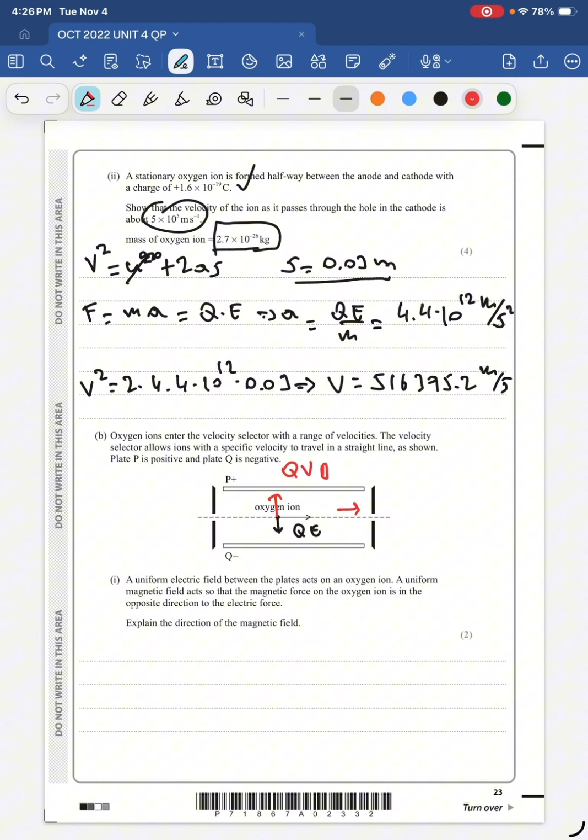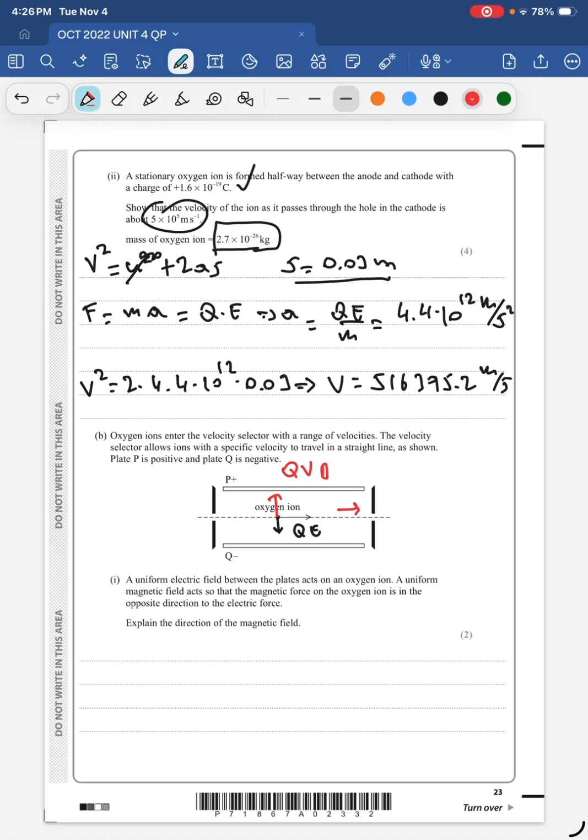My index finger should point in the direction of the magnetic field, my middle finger should point in the direction of the velocity, and then my thumb should point in the direction of the force. My middle finger points to the right, just like the velocity does. If I put my index finger into the page, then my thumb points upwards as we want.